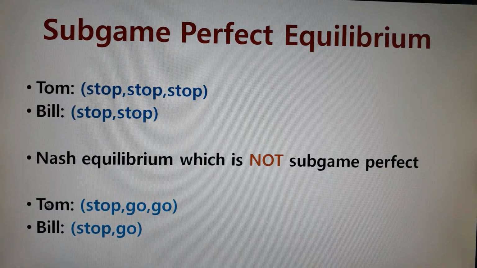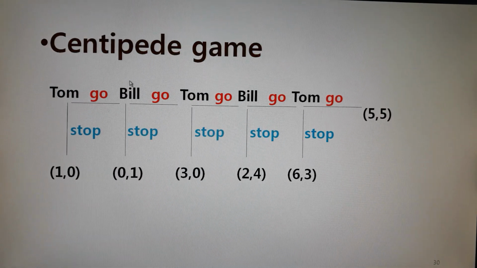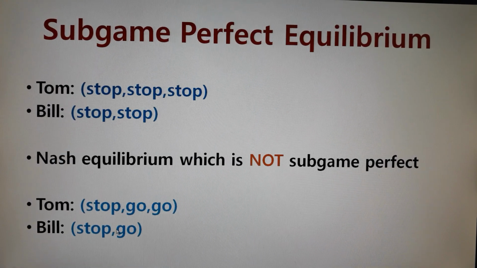On the other hand, what about Tom? From Tom's point of view, what is important? Bill would stop here. When Bill stops here, if Tom does not choose stop, he will get 0. So he gets worse. Tom stops himself, he gets 1, and whatever he does afterward does not matter. As long as Bill stops at first, Tom cannot get any better by changing this.